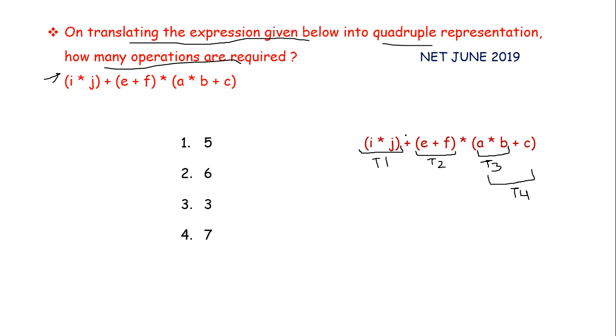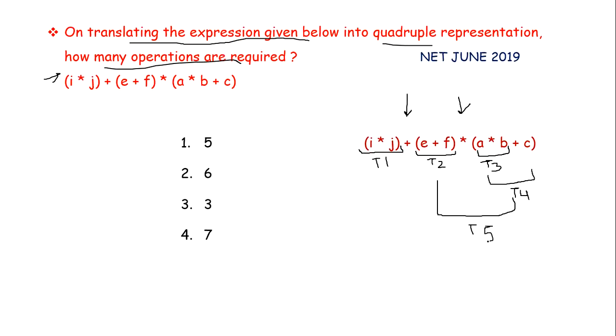This is done. Now we are left with 2 operators. One is addition and next is multiplication. Among these 2, first we will do multiplication, then addition. So we will multiply the result of T2, that is E plus F, with T4. T4 contains the result A into B plus C. So this will be our T5.